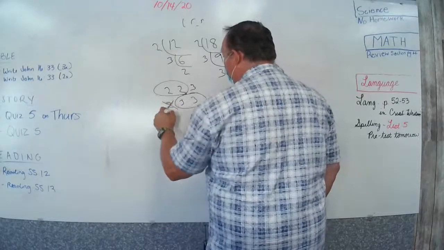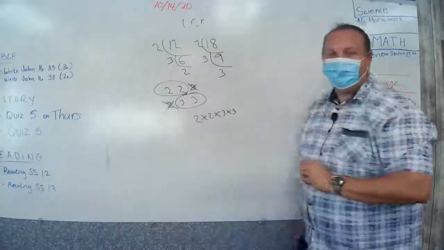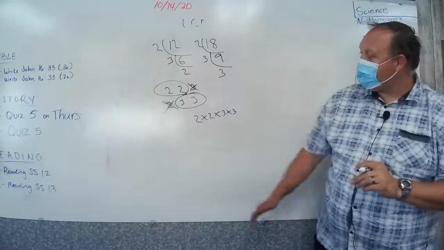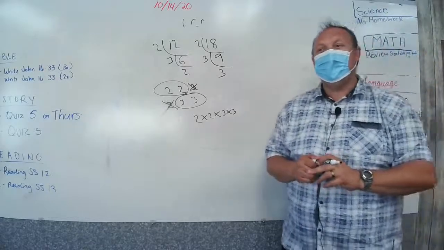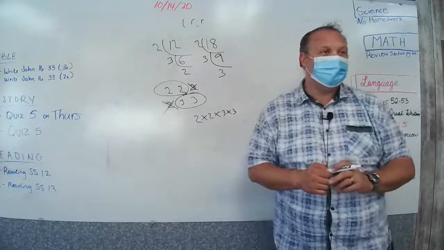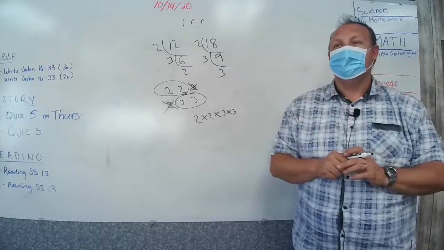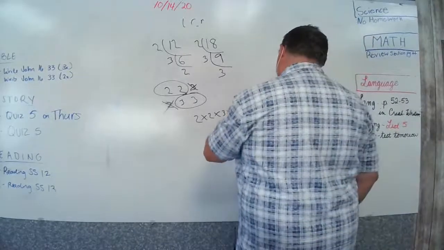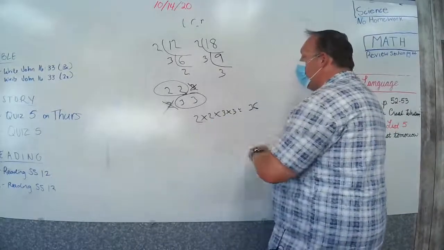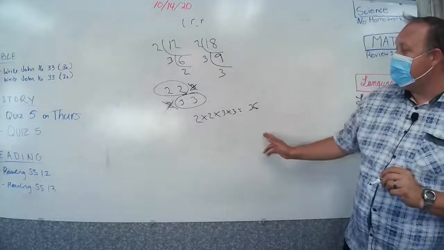We don't need to worry about that because we use 2 right here. Don't need to worry about that because we use 3s right here. So, we're going to multiply 2 times 2 times 3 times 3, and that's going to give us what number? 36. 2 times 2 is 4, times 3 is 12, times 3 is 36.